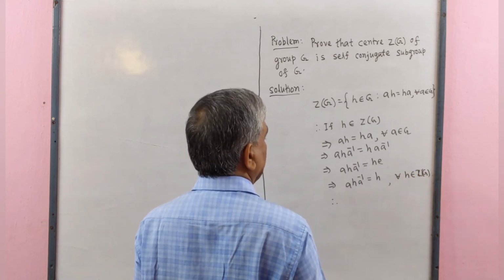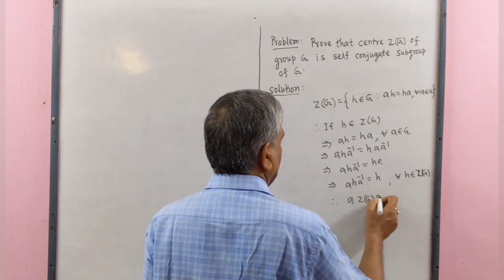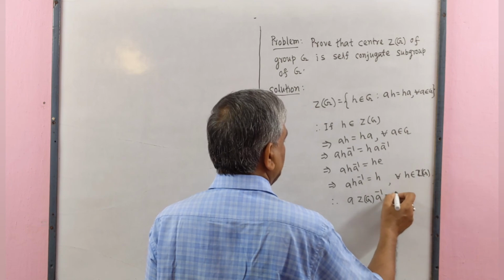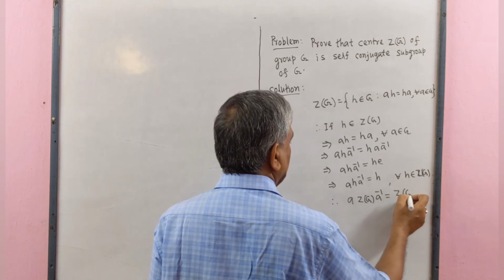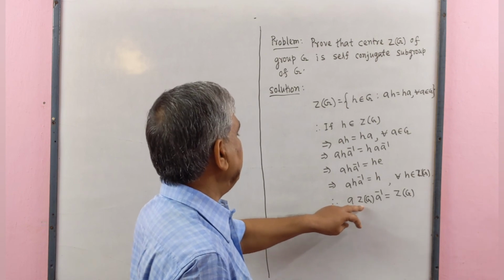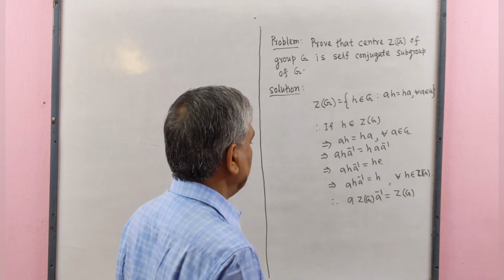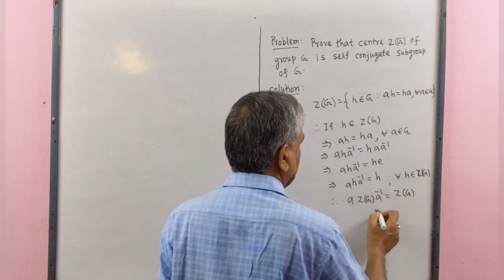Therefore A Z(G) A inverse equals Z(G). Therefore Z(G) is a self-conjugate subgroup of G. Proved.